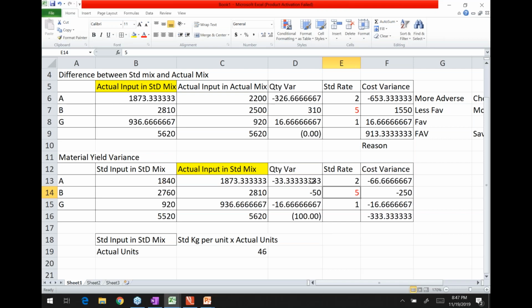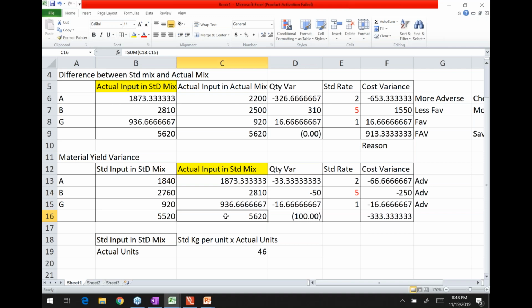So it's very simple. Now mathematically, when the answer is in minus, it's adverse. So this is adverse. This is adverse. When it's minus, mathematically it's adverse, and logically also it's adverse. See why logically now? Very simple.